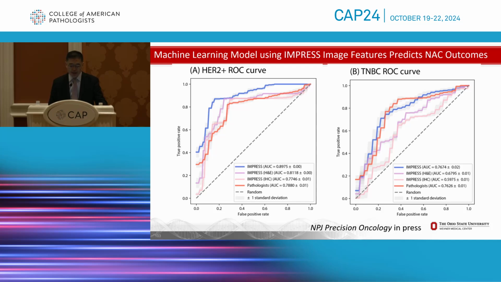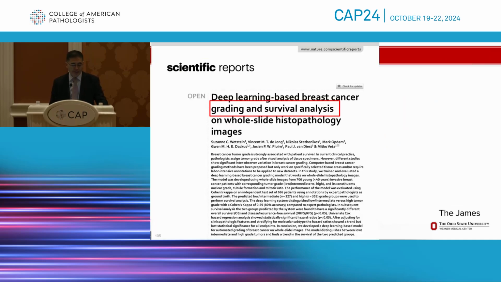The AUC was only 0.77 here, but still good, okay? So this is one example to develop AI tools to predict response in breast cancer patients.